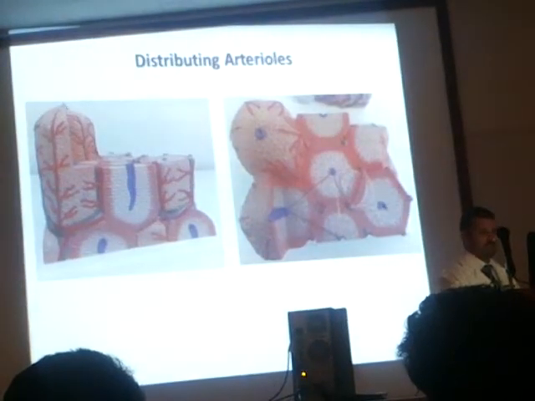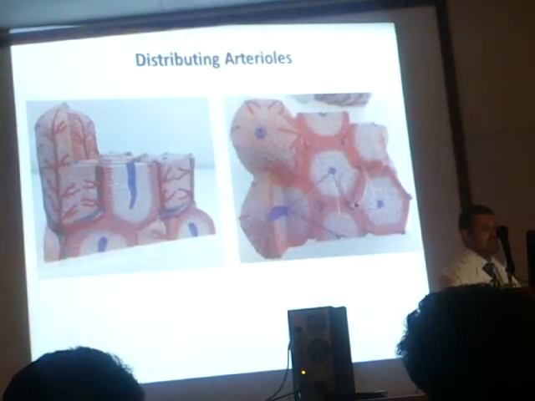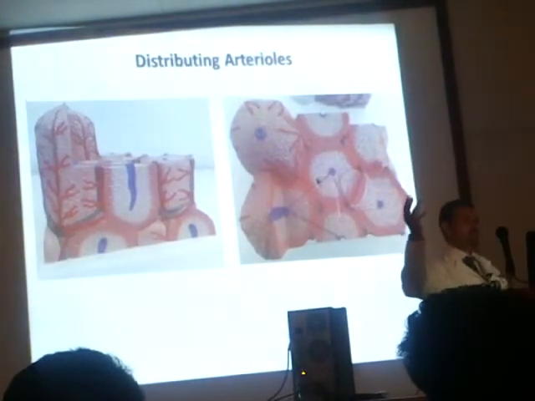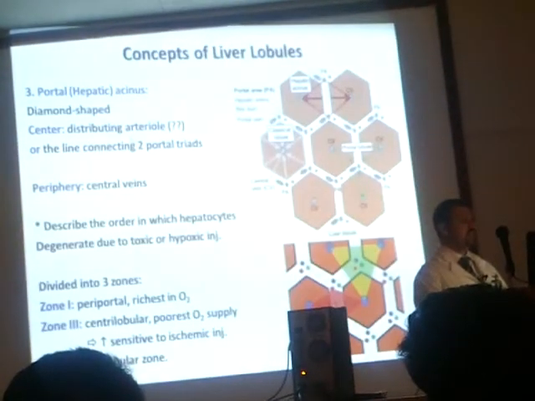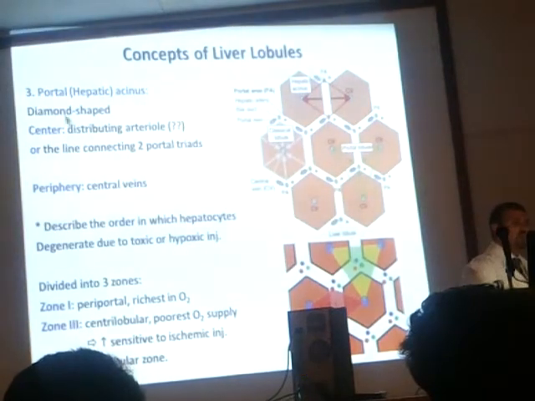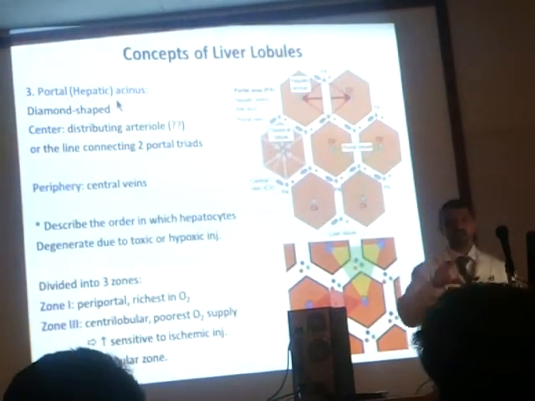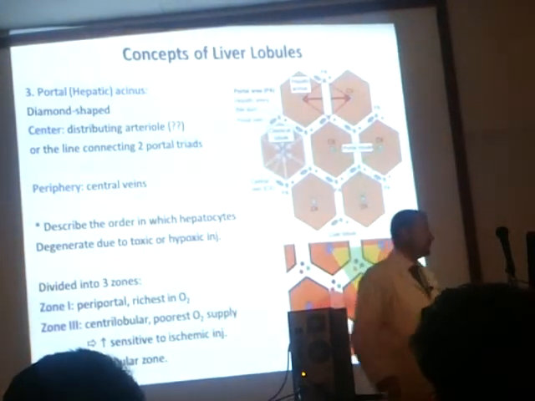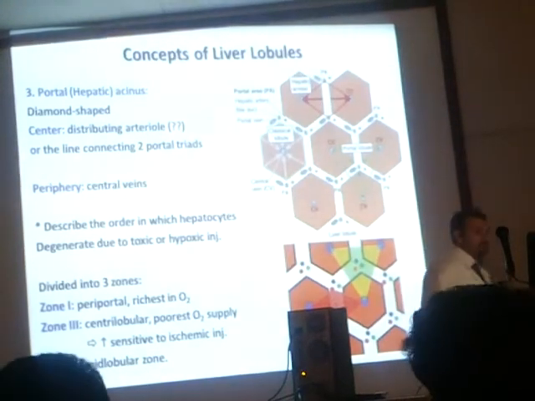This diamond shape, they decided to call the acinus. So whether you hear the term portal acinus or hepatic acinus, this is indicating the function of metabolism and detoxification. So this is related to that.